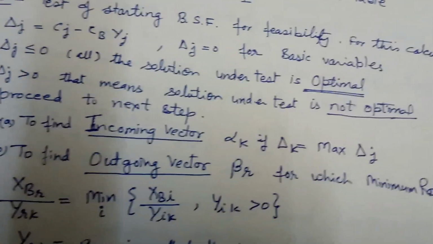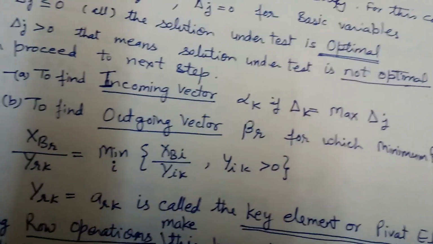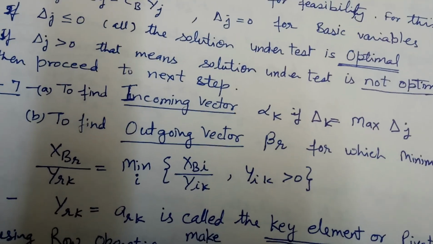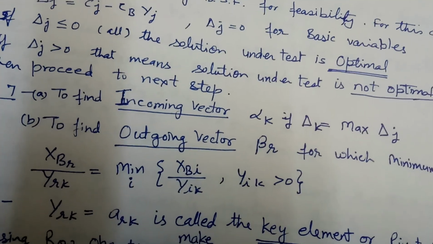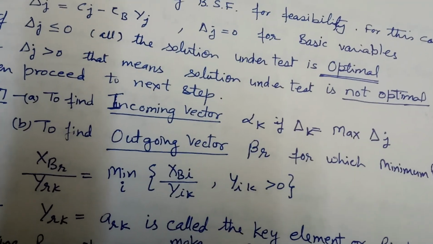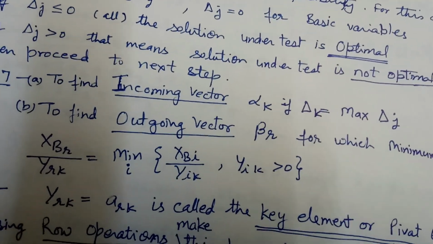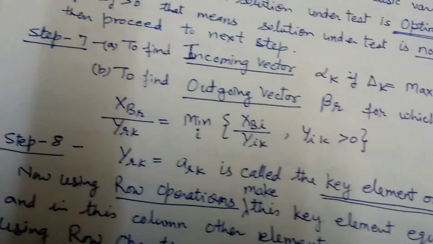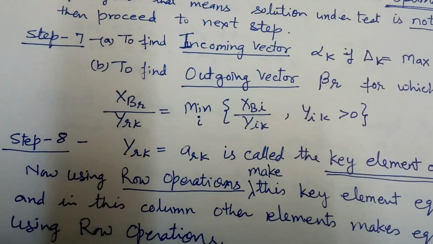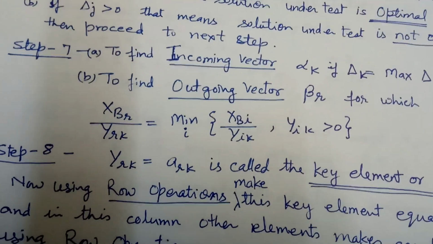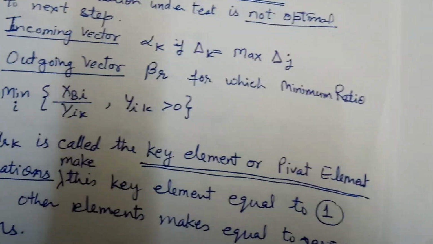To find the outgoing vector beta r, for which the minimum ratio is xbr over yrk, equal to the minimum of xbi over yik, provided yik is greater than 0. And in step 8, yrk equals ark. Ark is the rth row and kth column element, called the key element or pivot element.